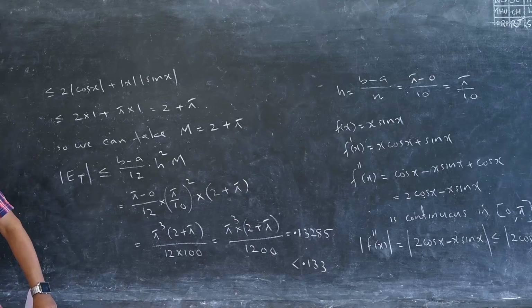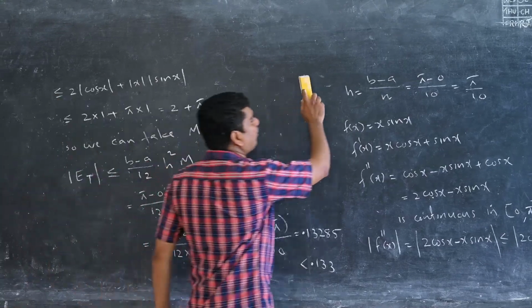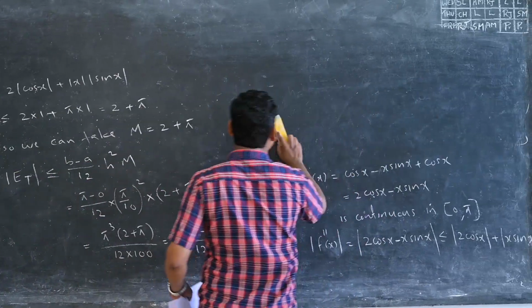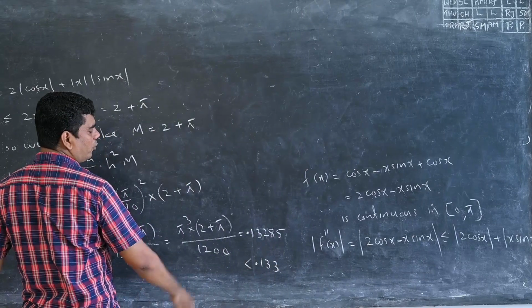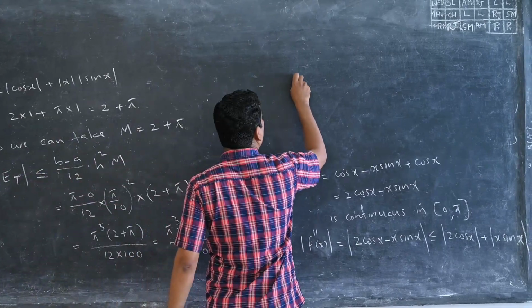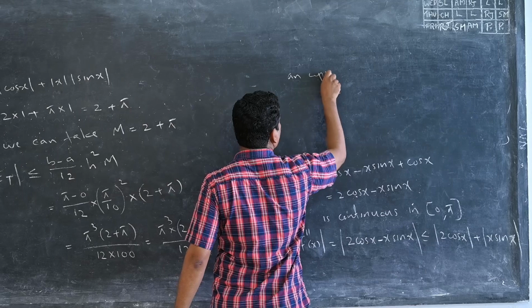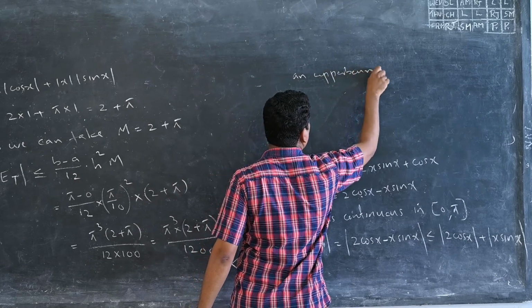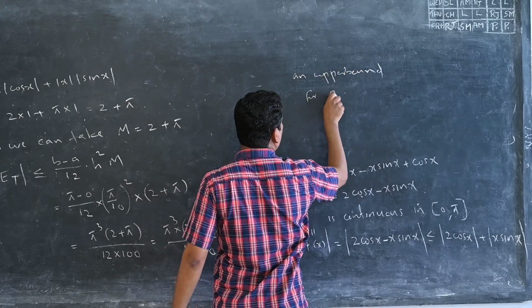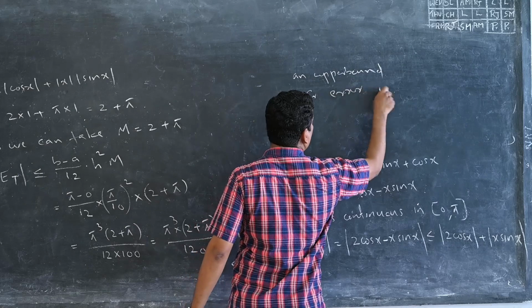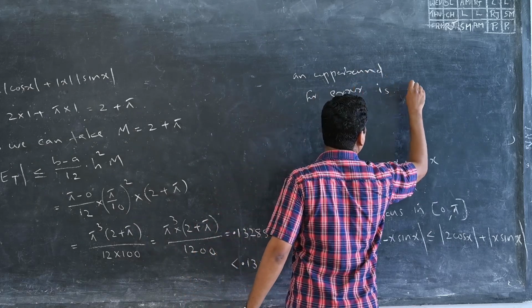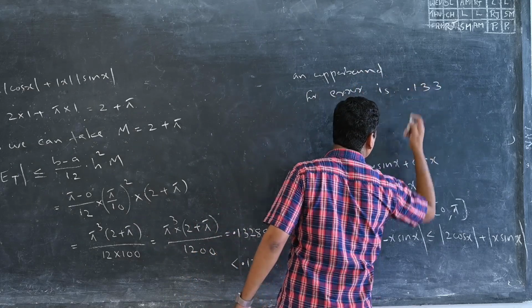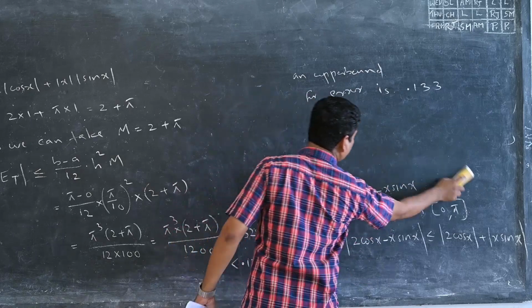So we obtained an upper bound for error. That is, modulus of error is less than or equal to 0.133. So an upper bound for error is 0.133.